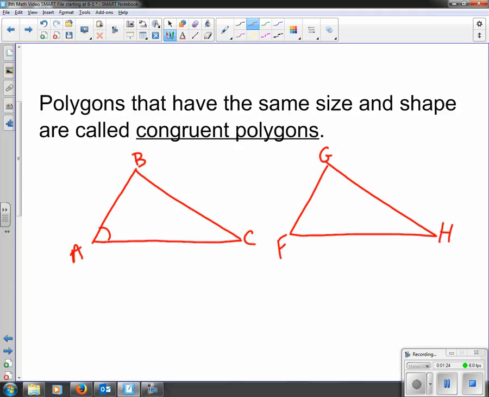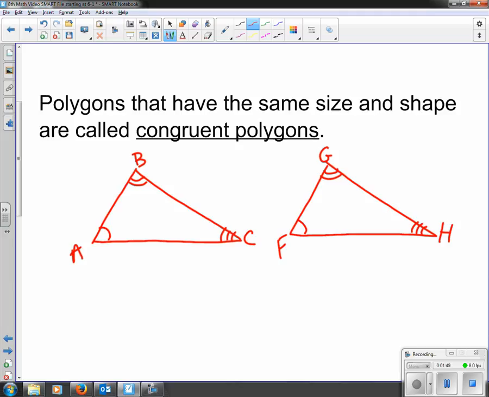So angle A and angle F are congruent, angle B and angle G are congruent, angle H and angle C are congruent. So I use those different lines and techniques to show you they're different from each other. So now I have also the sides.